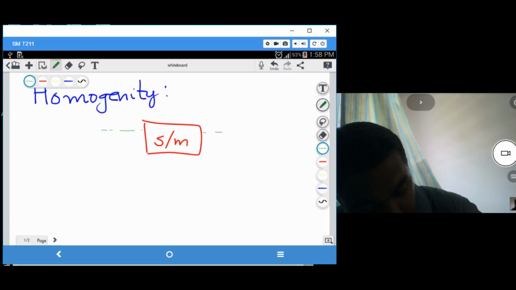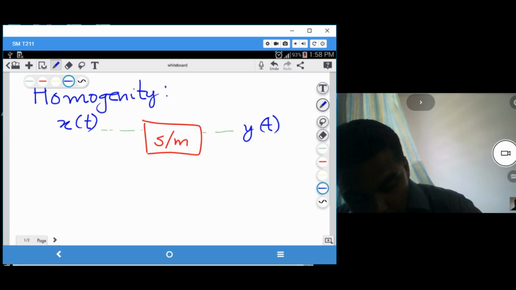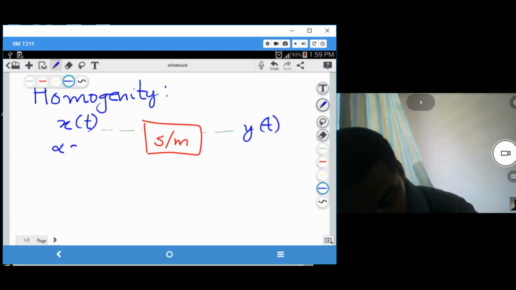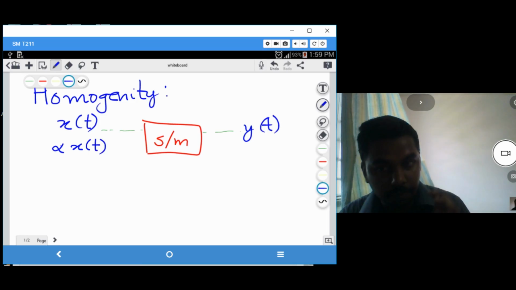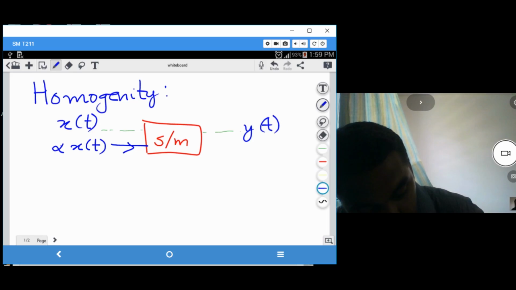an input. This time we call it just x of t, and the corresponding output is y of t. Now on feeding some alpha scaling factor of the previous input, that means I am going to feed alpha times x of t into the system, then the system would output alpha times y of t, the same alpha.